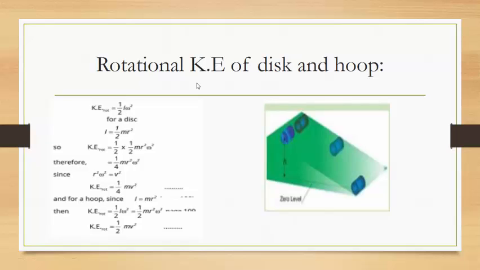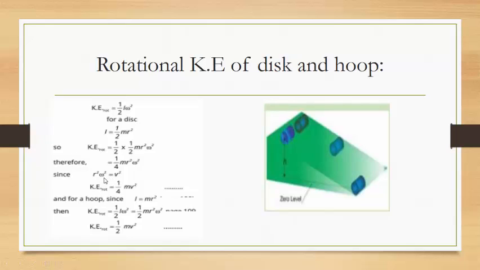So for a disk, moment of inertia is half mr square. A disk has the moment of inertia of 1 by 2 mr square. So we insert this value of I into the above equation. After simplification we get 1 by 4 mr square omega square.